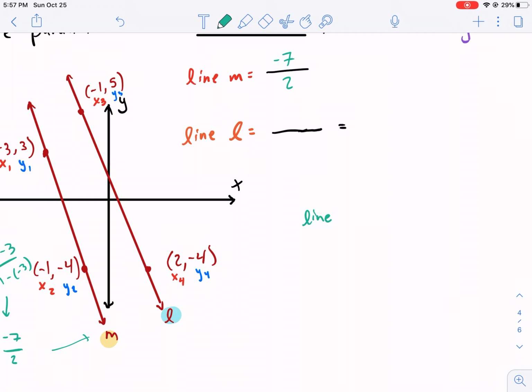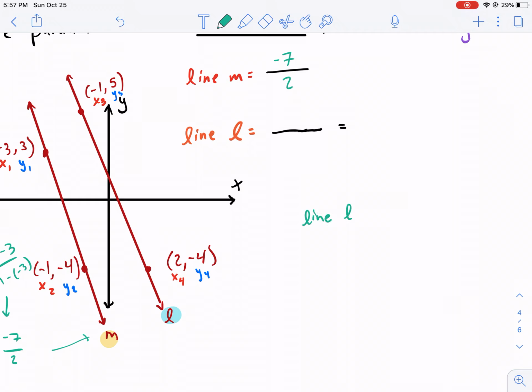So now we're on to line L, and we do y4 minus y3 over x4 minus x3. That gives us negative 4 minus 5 on top, and on the bottom 2 minus a negative 1. What does this equal? We get negative 9, and I already see we're in trouble for this to be parallel, and then we get 3, which is the same as negative 3.